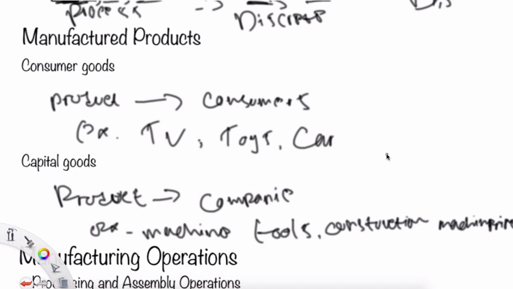In addition to the final product, which is usually assembled, there are companies in industrial businesses primarily producing materials, components and supplies for the companies that make the final product. So those are the two major categories or classes of manufactured products.